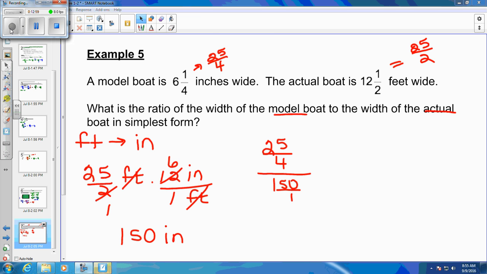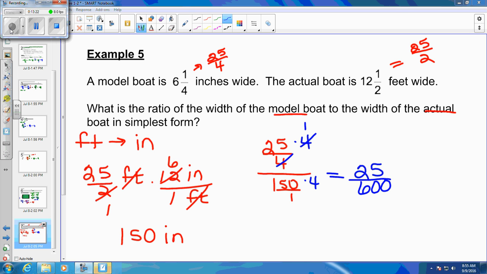So I'm going to multiply, make sure I'm putting it up nice and high, by 4. These 4 simplify. When I multiply, 25 times 1 is 25. 150 times 4 is 600. And when I simplify that, I get 1 over 24.